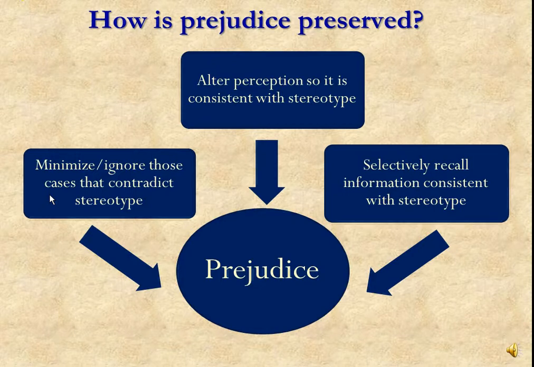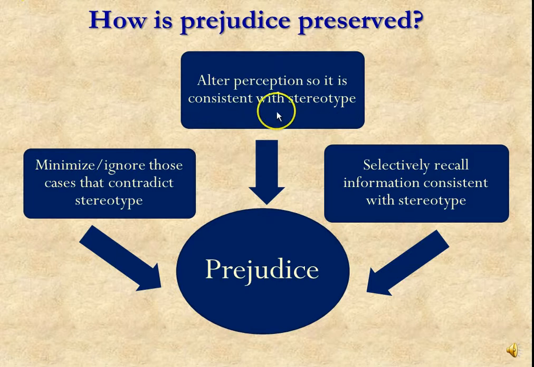But then I come into contact with a friend of mine who works incredibly hard, is creating his own business to support his family, and he's not lazy at all. So he contradicts my stereotype. But what I'll tend to do is, when I think about smokers, I will forget about him. Or I will say, well, everybody knows all smokers are lazy, but that guy's kind of just an exception. I'm going to minimize the fact that he's contradicting my stereotype.